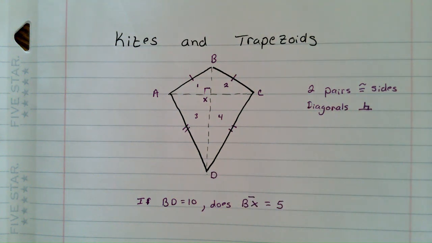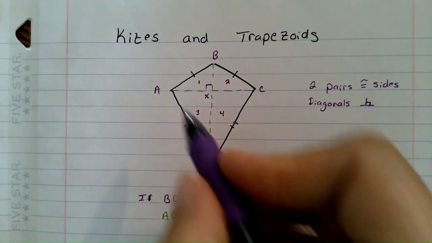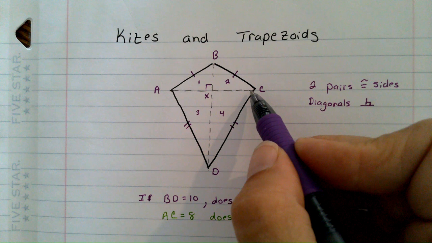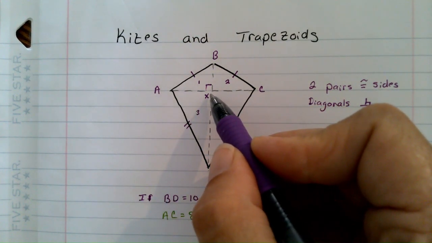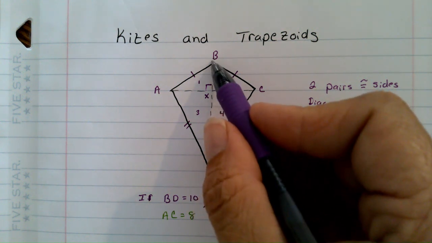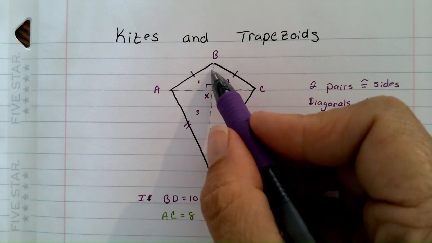However, if AC equals 8, does AX equal 4? So AC equals 8, so does AX equal 4? And the answer to that is yes, absolutely. It has to do with this being a perpendicular bisector that goes to the vertex.